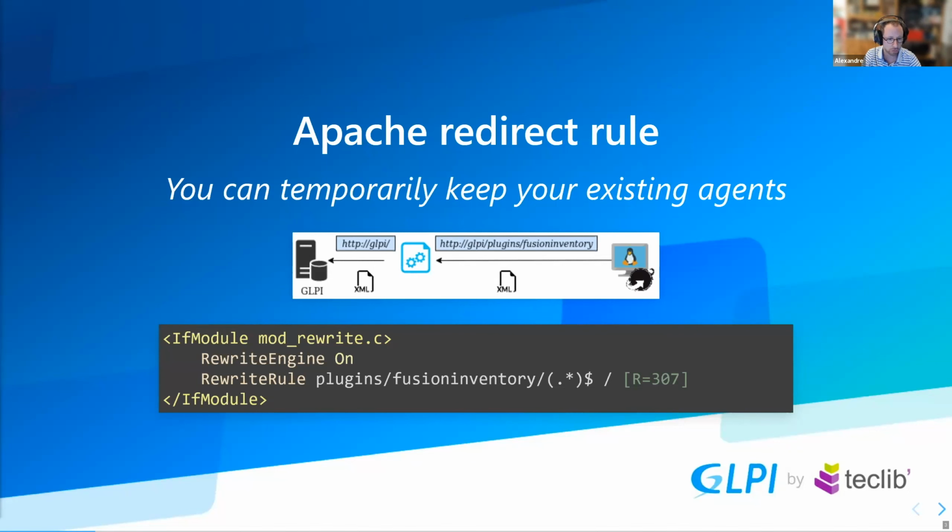The only issue, in parentheses, is that your current agent targets an old URL, which is not the GLPI native inventory. You have many ways to overcome this issue, like a proxy. I show you right now a way to do this with a mod_rewrite of Apache: you can rewrite the URL with a permanent redirect, and this works for the inventory part of the agent.